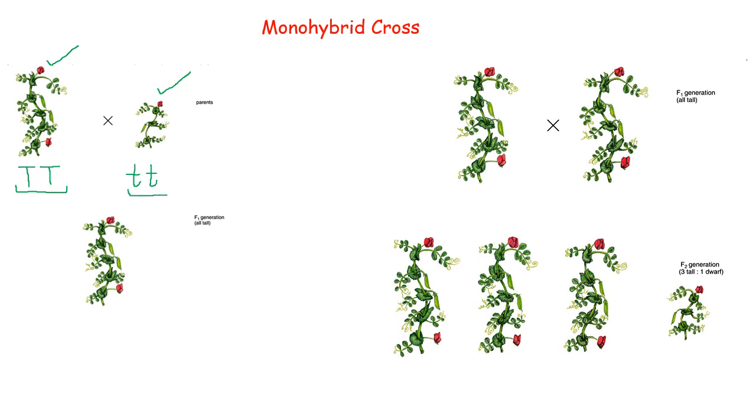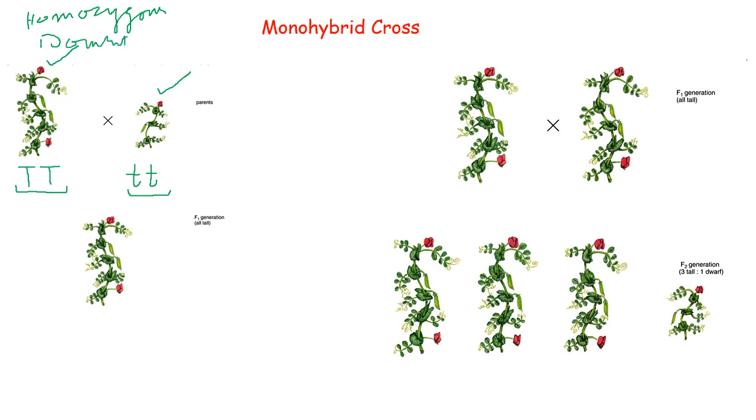If we see this tall plant, it has genotype capital T and capital T. Both the alleles are capital T, both the alleles are similar, so it is homozygous. And the alleles are dominant alleles, so it's homozygous dominant.